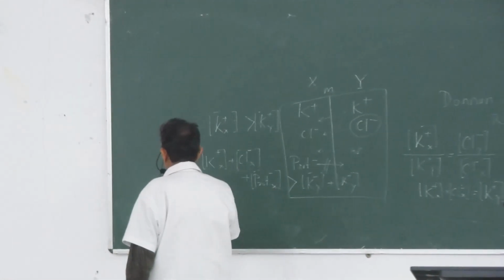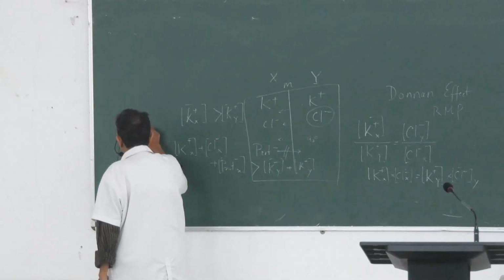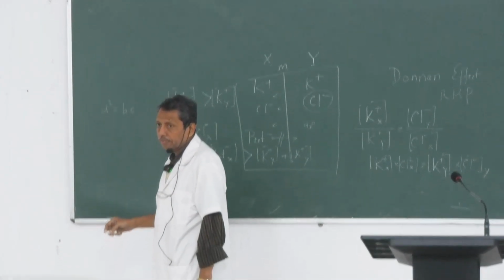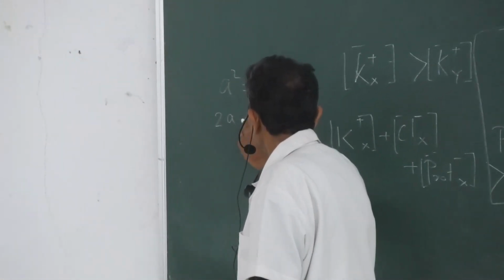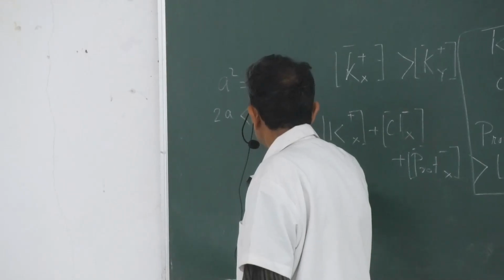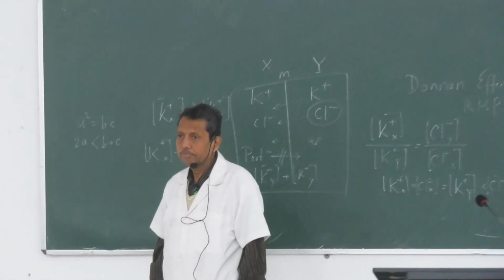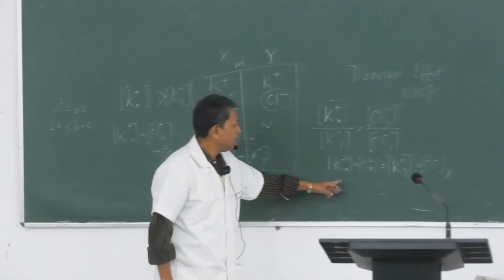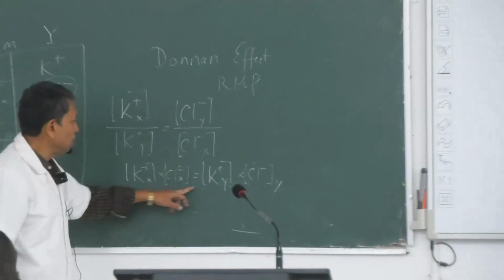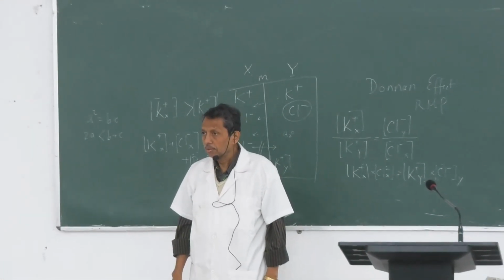Suppose a square is equal to BC, B is not equal to C, then B plus C is more than 2 times the square root of BC, in this way. So in this case it is more than this.